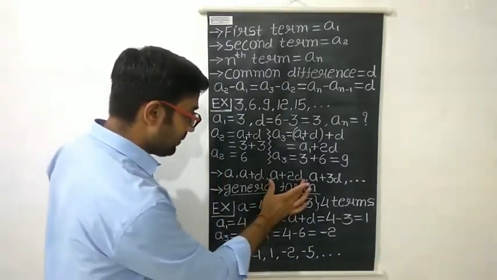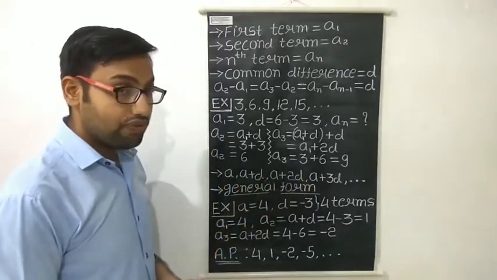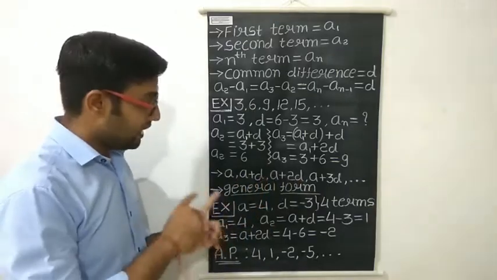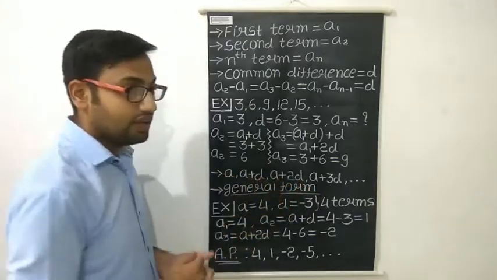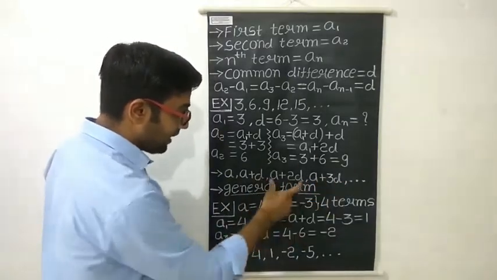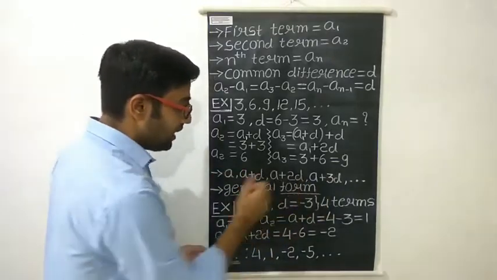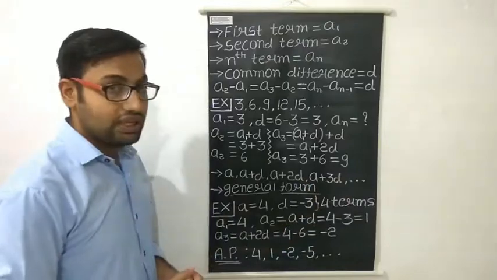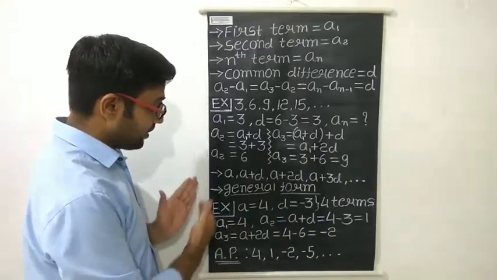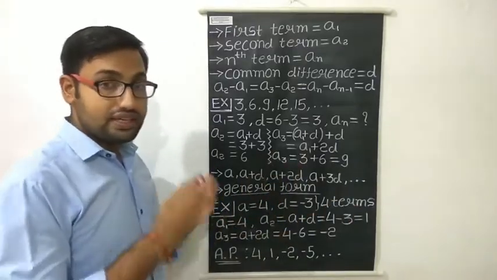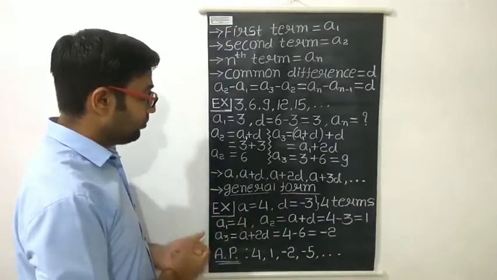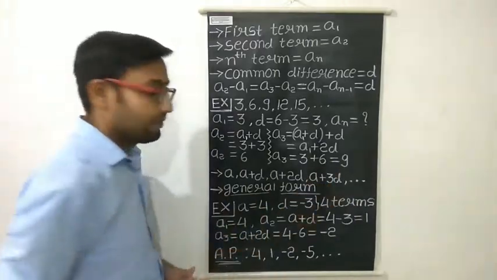Again, if we subtract A plus D from A plus 2D, A will cancel, and 2D minus D is again D. Subtract A plus 2D from A plus 3D: A will cancel, and 3D minus 2D is again D. So the difference between any two consecutive terms is D, and that is common for all the numbers. So in general form, we can write down the arithmetic progression in this way.